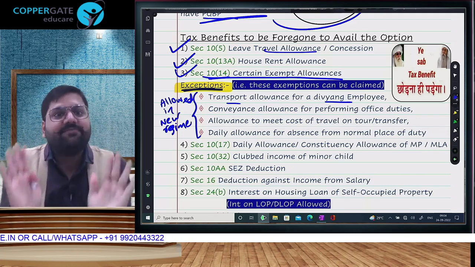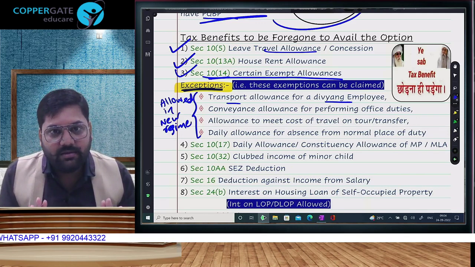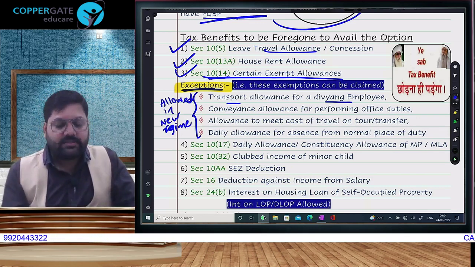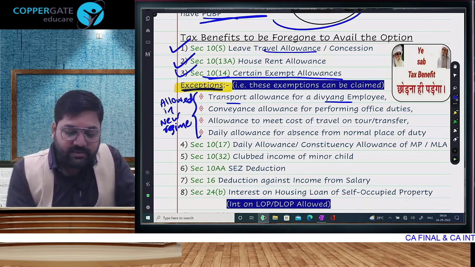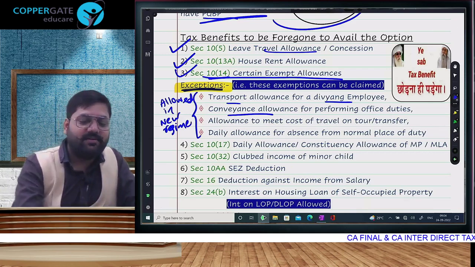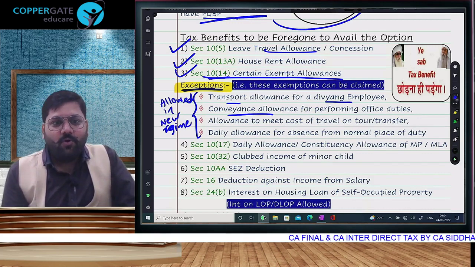Is the exception part now clear to everyone? Absolutely, 100%. Let's go ahead. Next, conveyance allowance for performing office duties. This I think you know better than anybody else in the country. You go to a client place, an audit place, and travelling expenses are given to you.